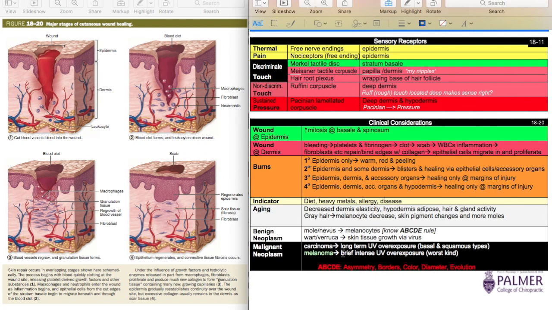They basically just have a mole that changes over time and exhibits these A, B, C, D, E qualities. So, asymmetry, borders, color, diameter, and evolution.